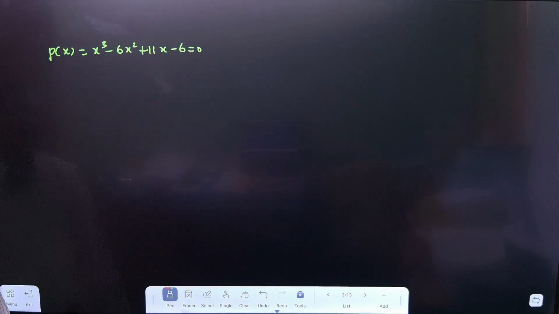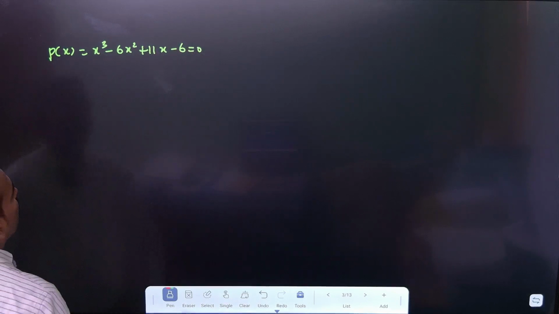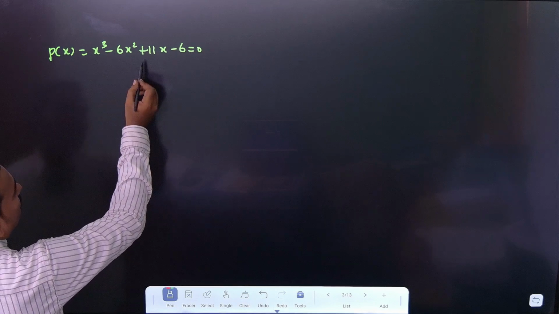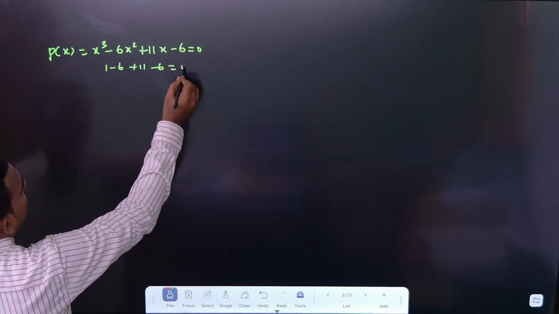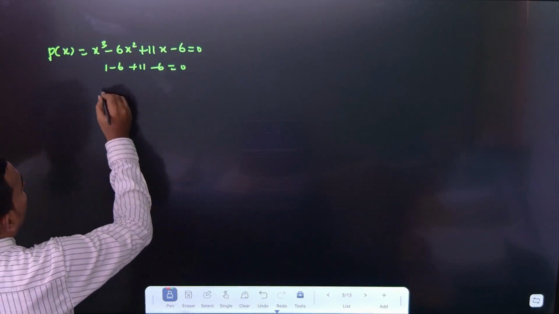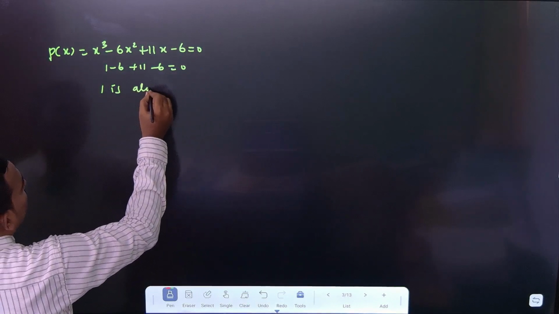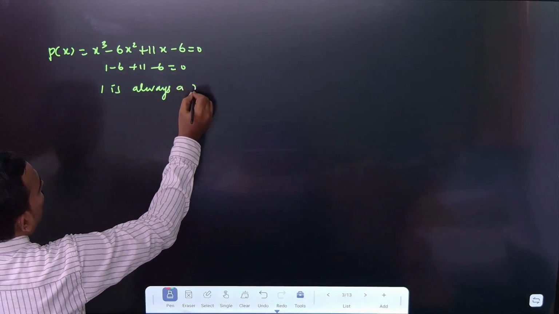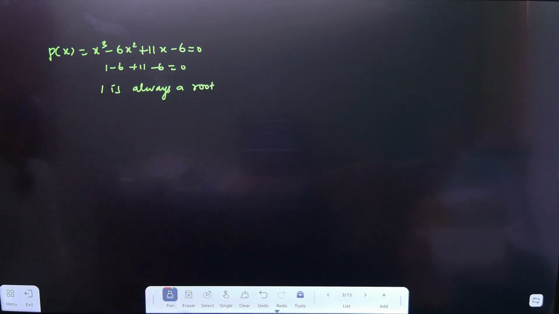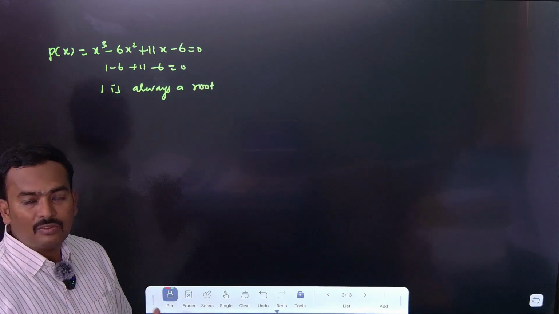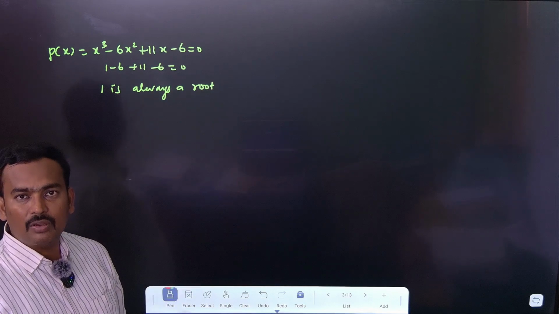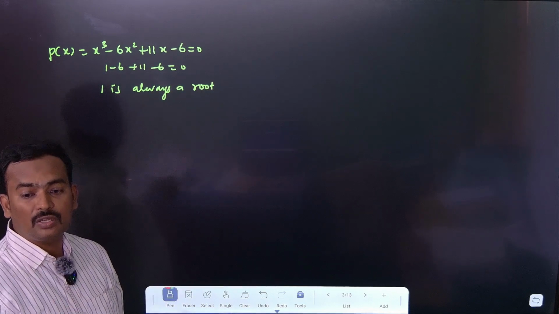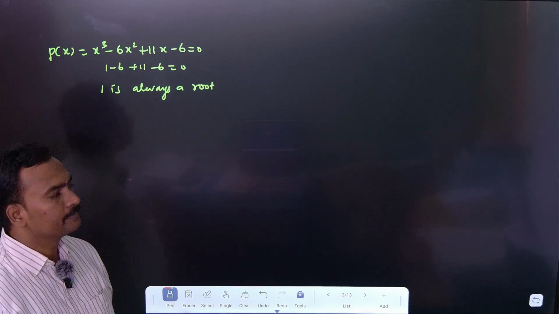So definitely you can see the sum of the coefficients is 0, no? 1 minus 6 plus 11 minus 6 is 0, so definitely 1 is always a root. Whenever you want to calculate the roots of the equation, you have to equate to 0. p of x equal to 0. p of x is y. y should be 0. Then only we can find the x value.